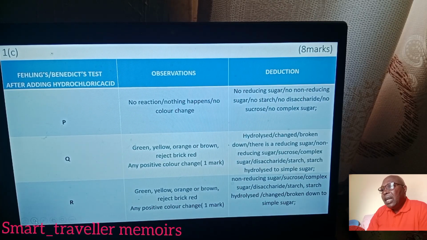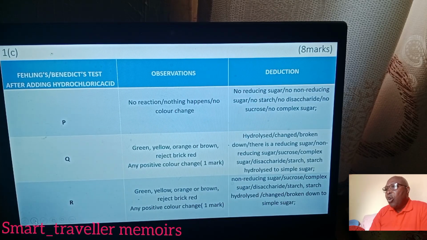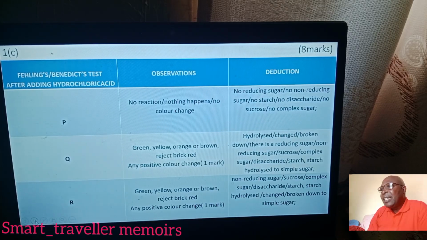Q: color changed from green to yellow to orange and finally brown. Reject brick red. Any positive color change mentioned, you can give a mark.